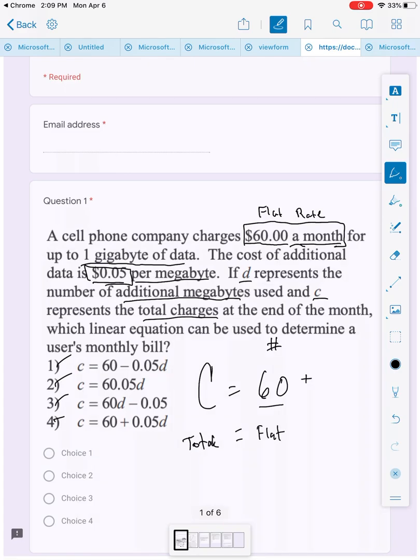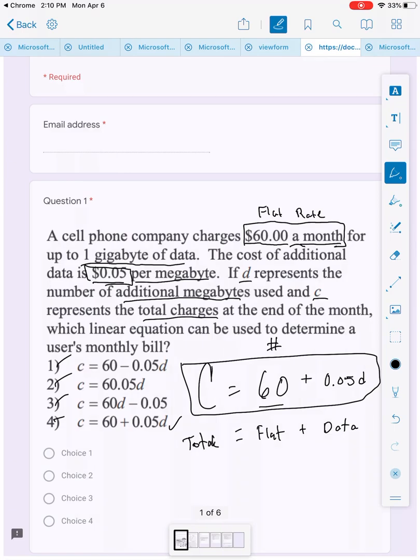So we have our flat rate plus our additional data, which is 5 cents per megabyte. If we match up our equation with our choices, we should see that the answer happens to be choice 4. That makes perfect sense.